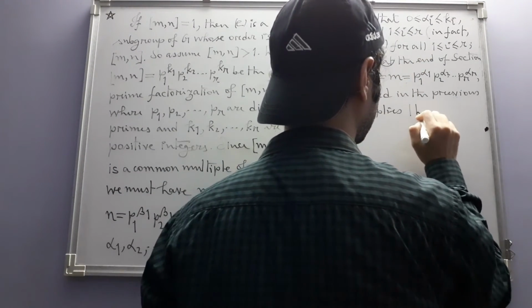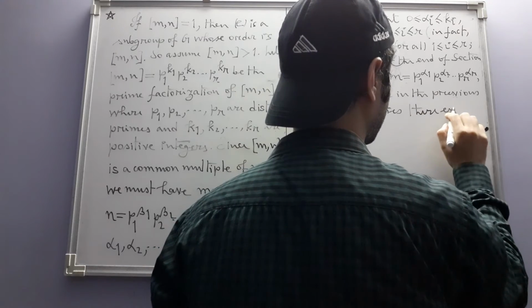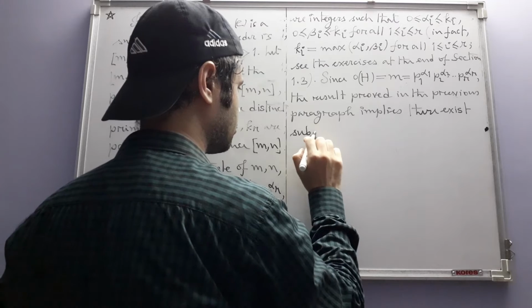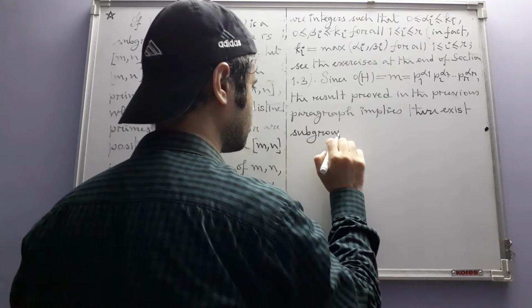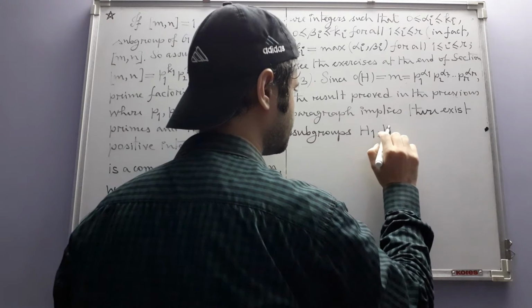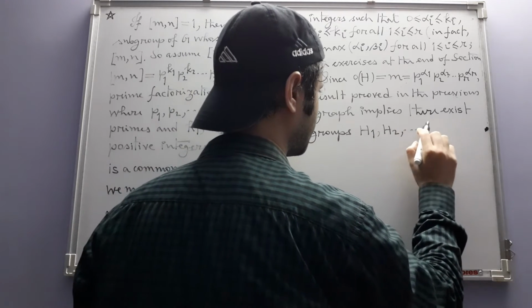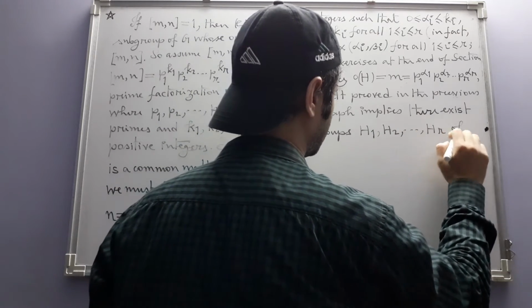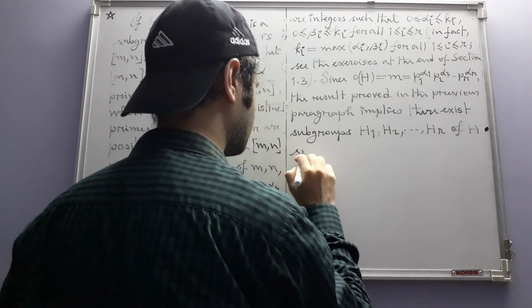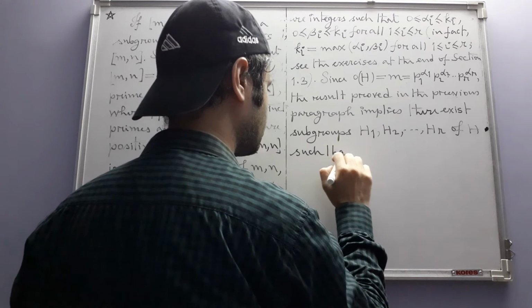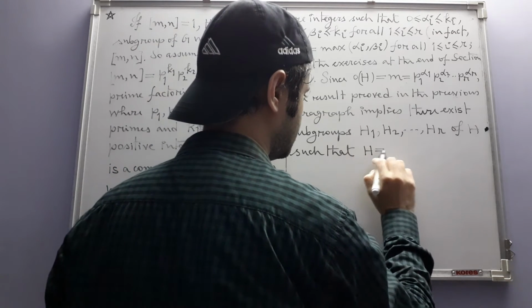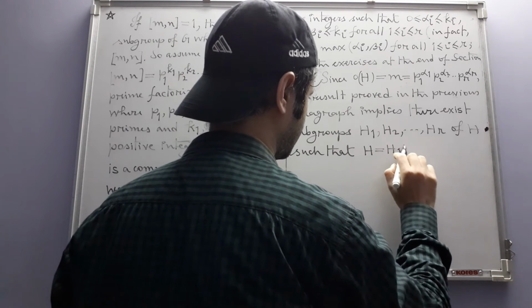Implies there exist subgroups H1, H2, up to HR of H such that H is their product.